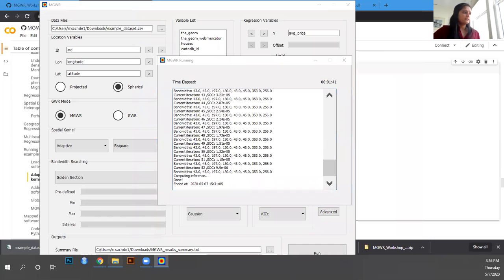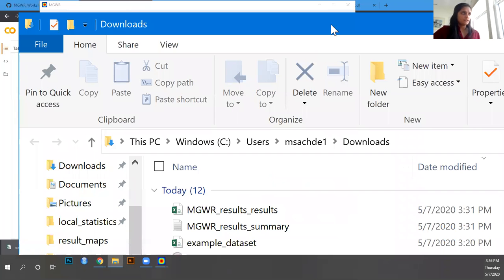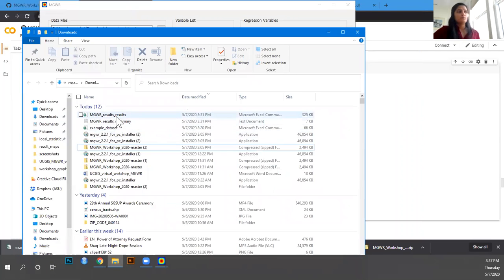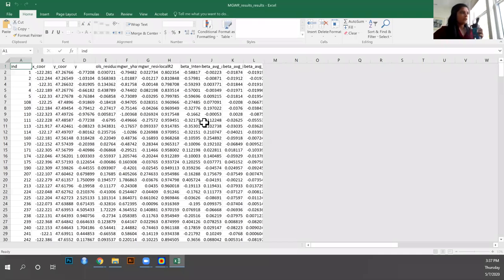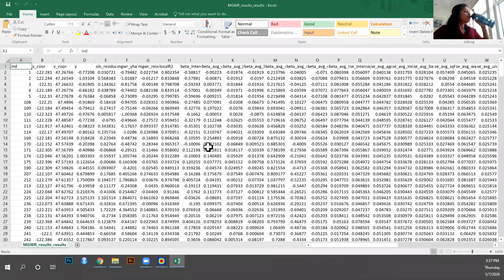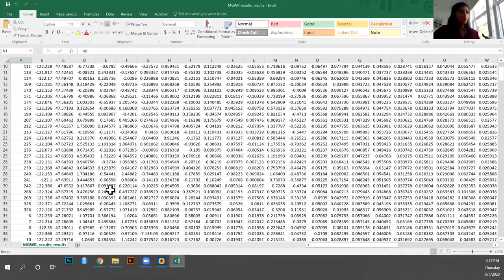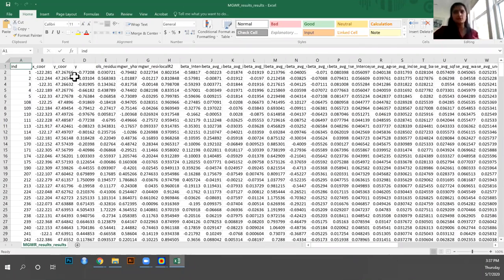But the other file that comes from running this software is the CSV file. So both of these files are basically the outputs from running the MGWR model, and the CSV file has the parameter estimate for each point. So if I open this file, we see it has all the rows and it has the X coordinates, Y coordinates.